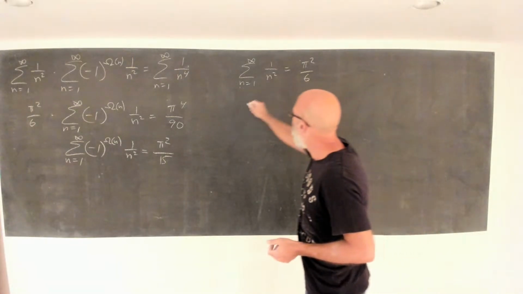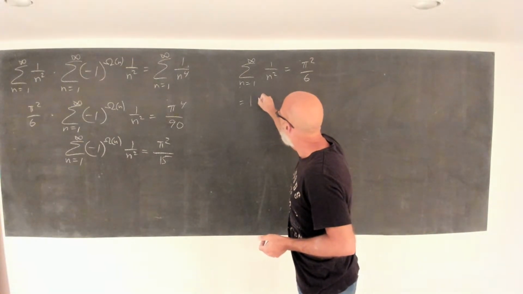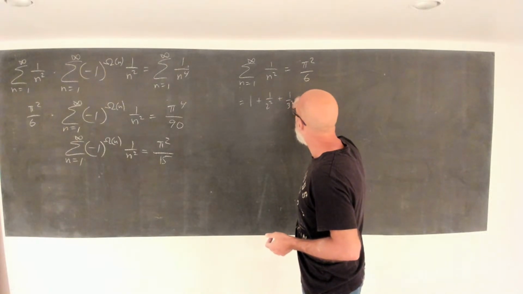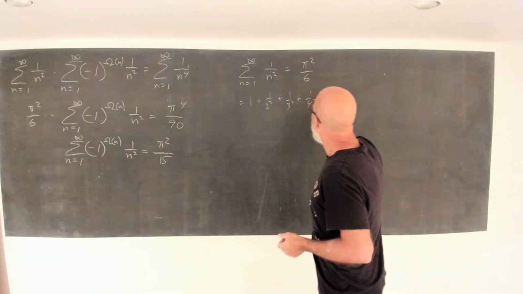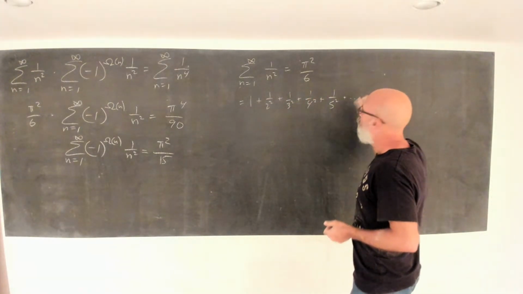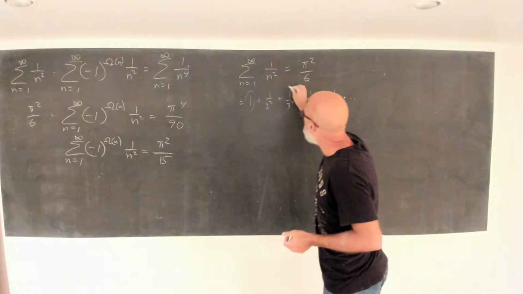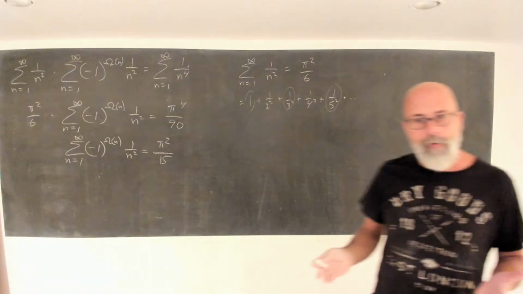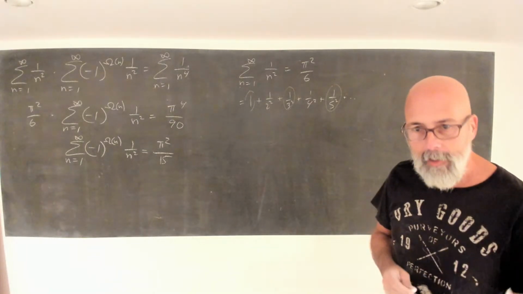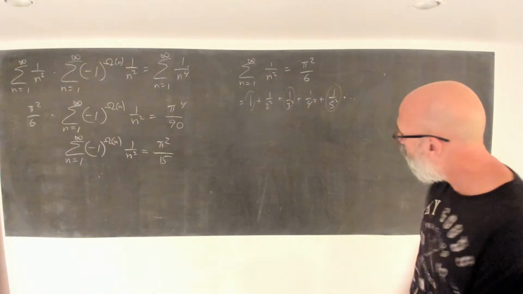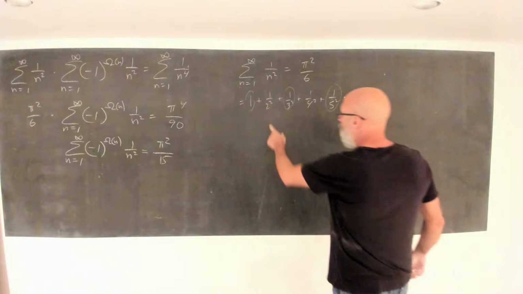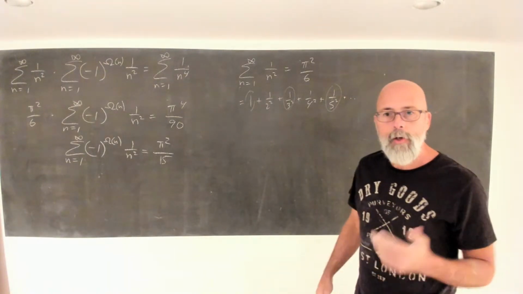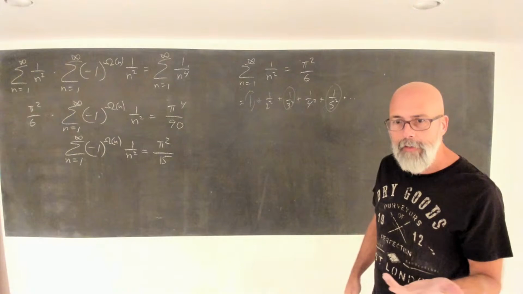Right? I mean, this is 1 over 1 plus 1 over 2 squared plus 1 over 3 squared plus 1 over 4 squared, 1 over 5 squared, and so on. What if you just added the odds together? Series is different, might converge to something different. Can we figure out what it converges to? And the trick is to not add the odd ones, but rather add the evens.